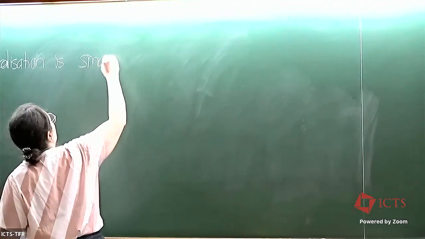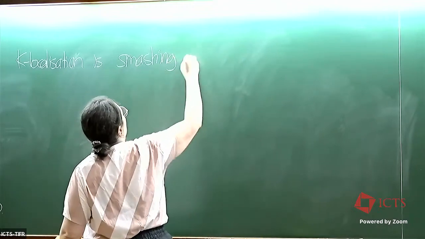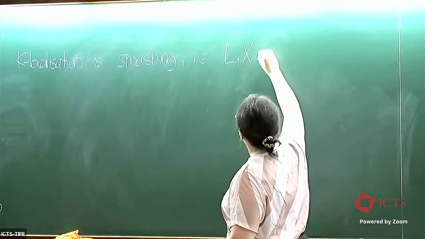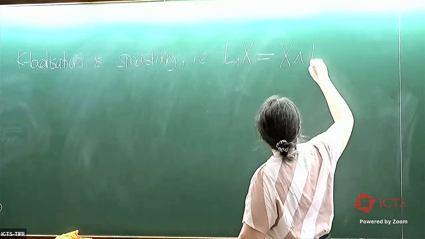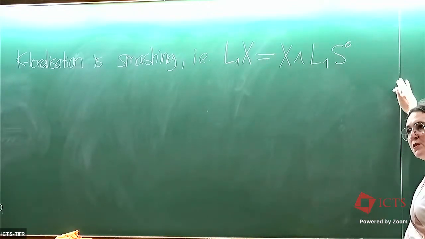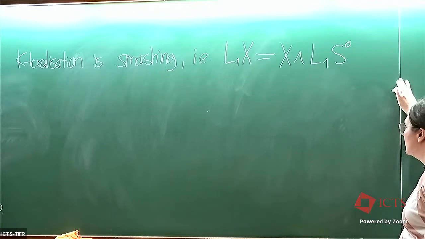Okay. So one thing I might also mention at this point, but I'm afraid I won't be able to prove that, is K-localization is smashing. In other words, L1 of X is the same as X smashed with the E1-local sphere, the K-local sphere.